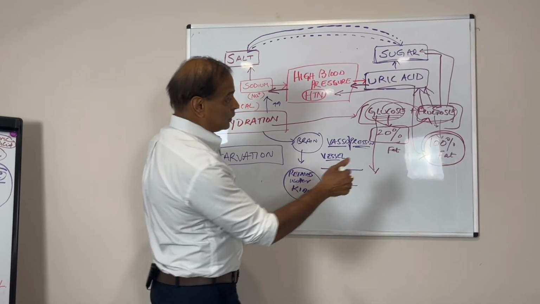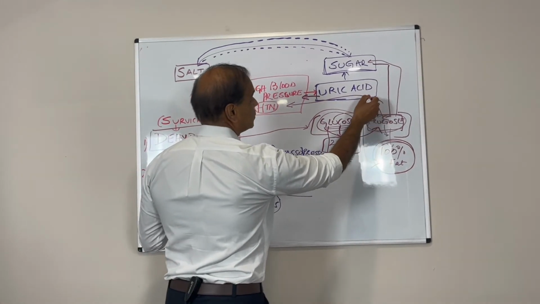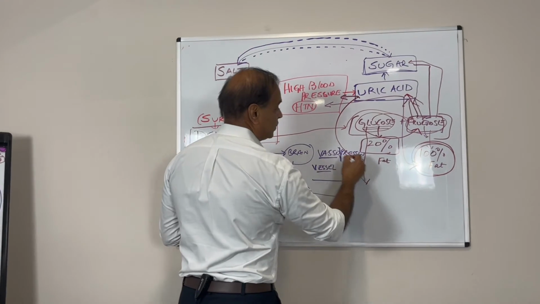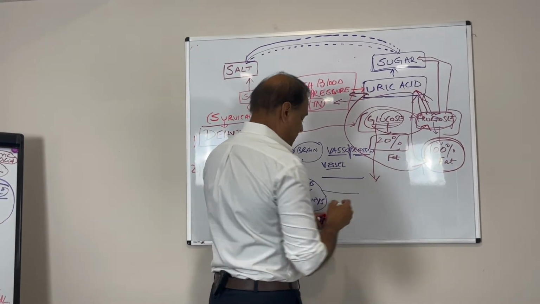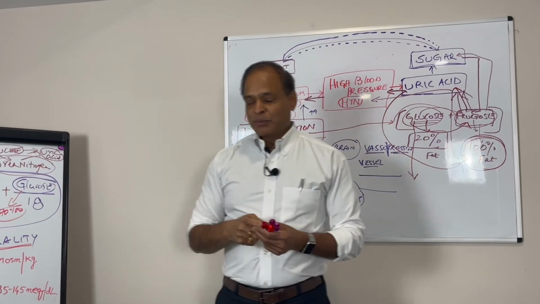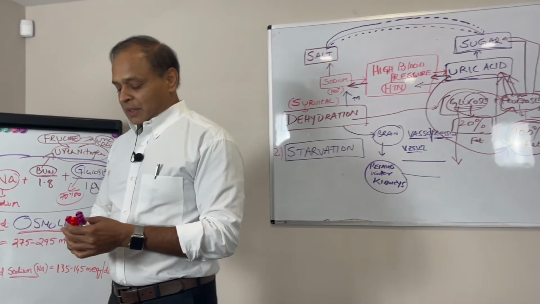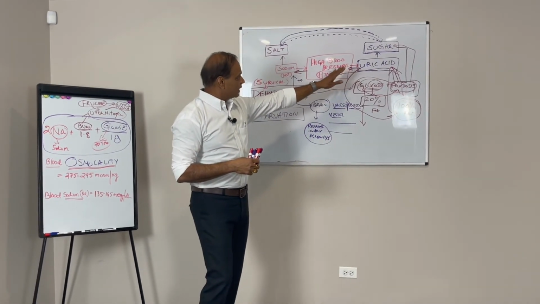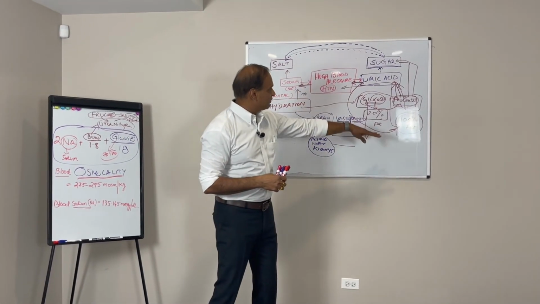And that fructose in turn goes through the uric acid pathway to either increase the blood pressure and also to make more fat. So today I'm going to bring in this concept again next time to explain to you, but I want to explain this concept of why salt and sugar are the same in causing high blood pressure and high fat.